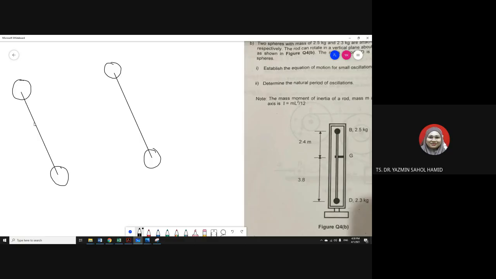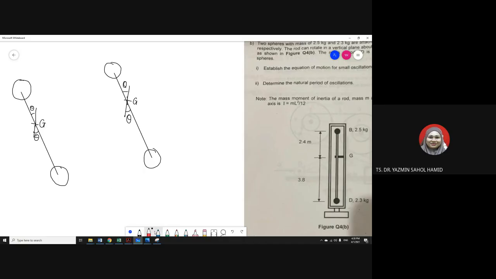Let's say on the first one, this is point G, and it has theta rotating here. This also has theta rotation. The second is the same diagram, with point G. I hope you all draw neatly. Please make sure it's a straight line.